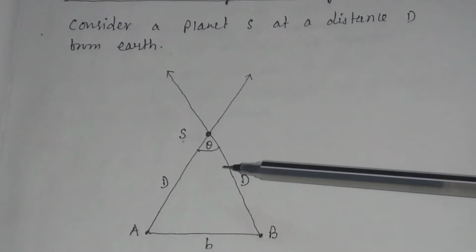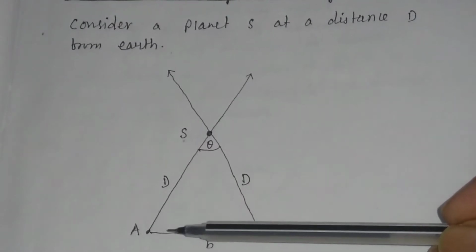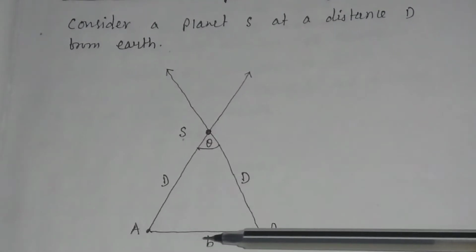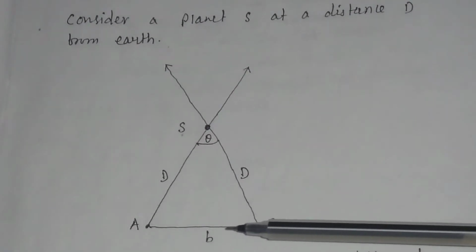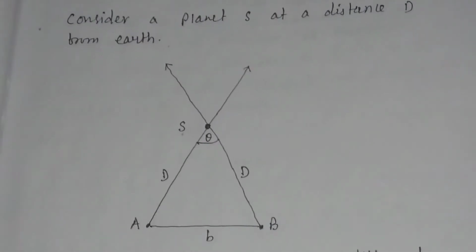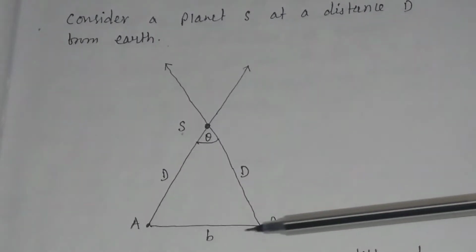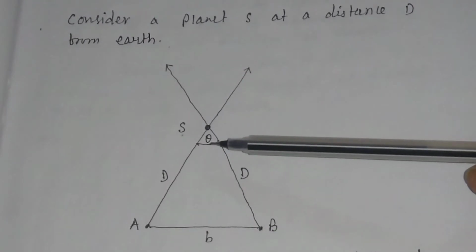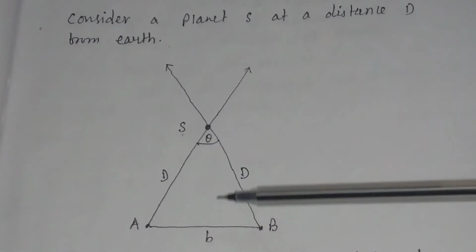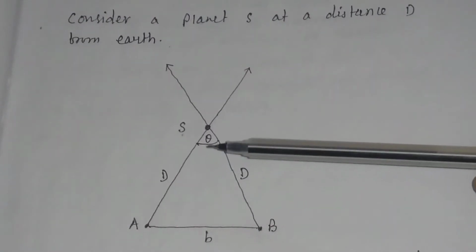We can approximately take this AB as an arc having length, let us say b, such that theta will be equal to b divided by d, because for an arc we use the formula theta is equal to arc length divided by the radius.